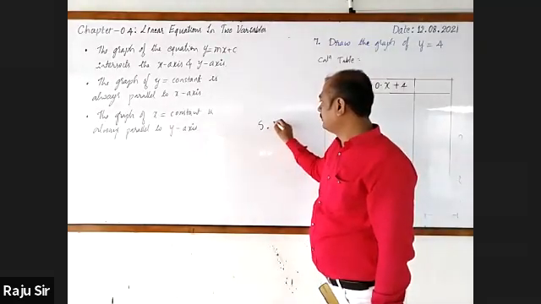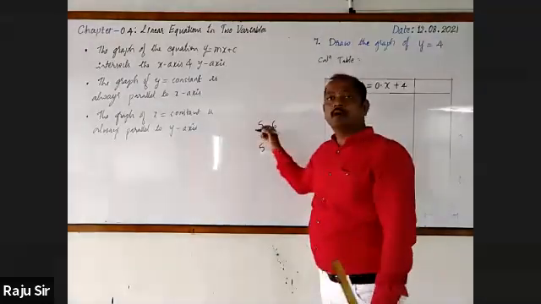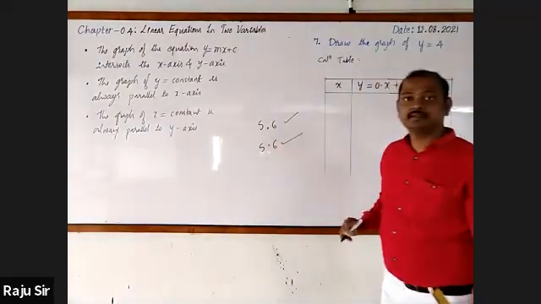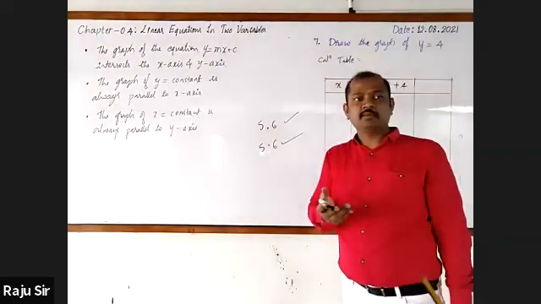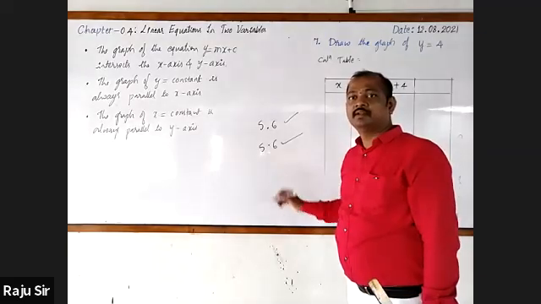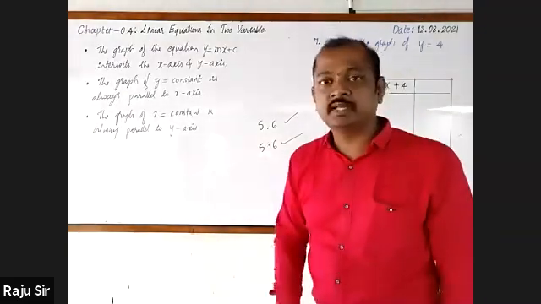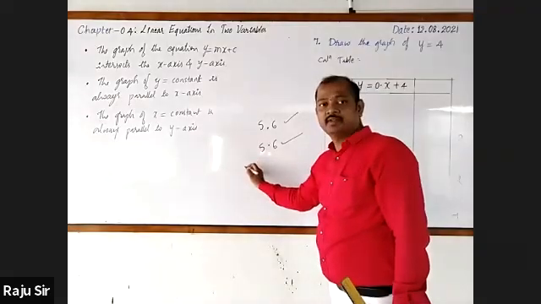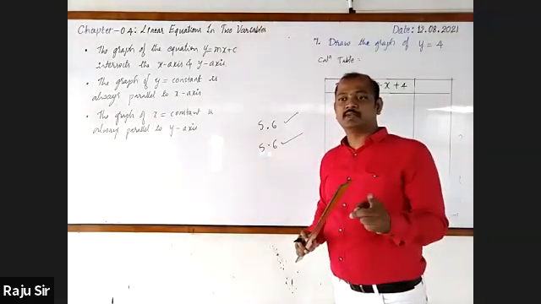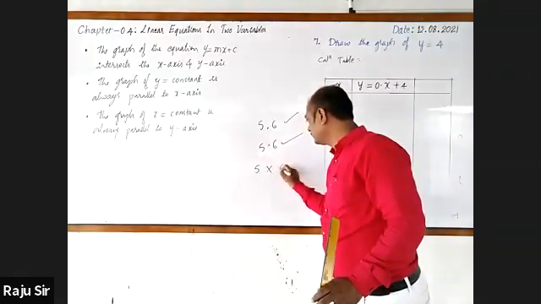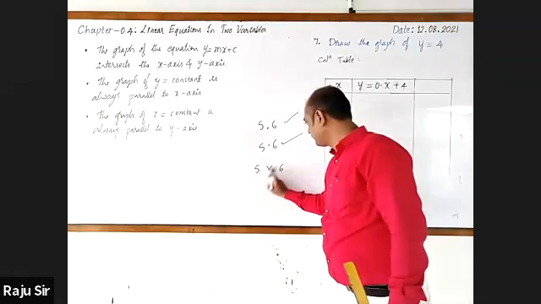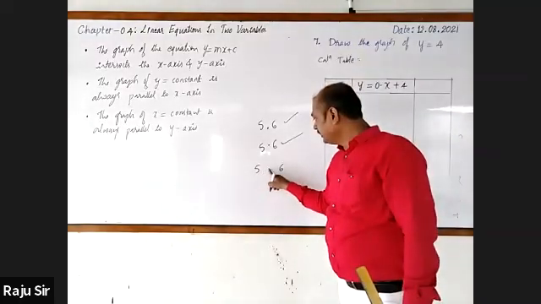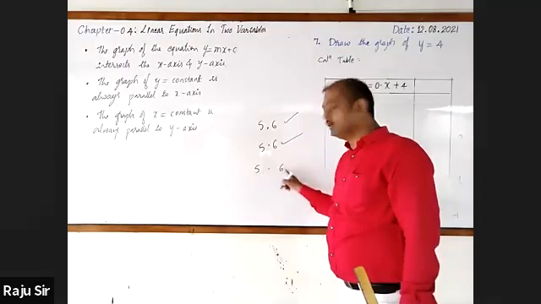How do you read 5.6? 5 into 6. If it comes in between, it is 5 into 6.